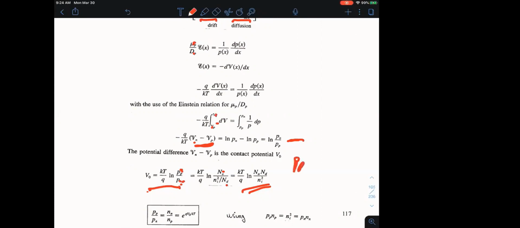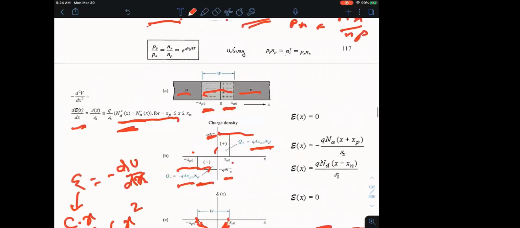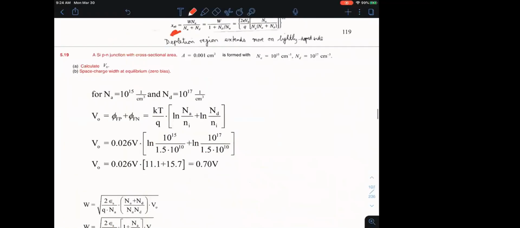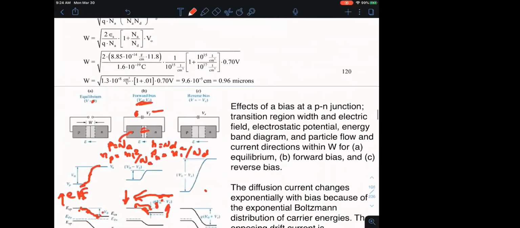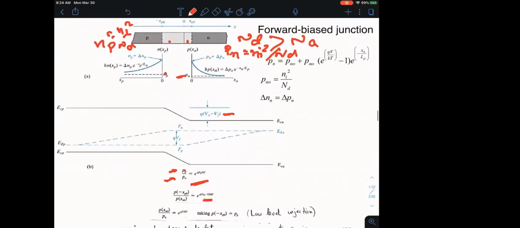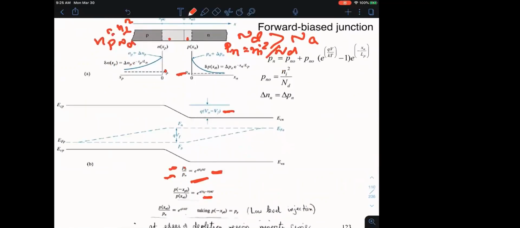So pP over pN, majority carrier over minority carrier, equals e to the power qV naught over kT. Okay? That's also true in terms of electrons, nN and nP. So that is what's shown over here again.